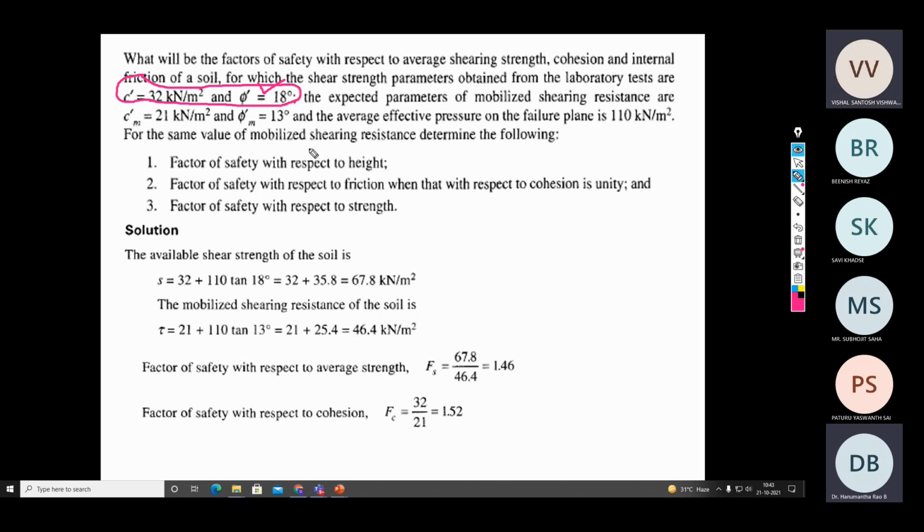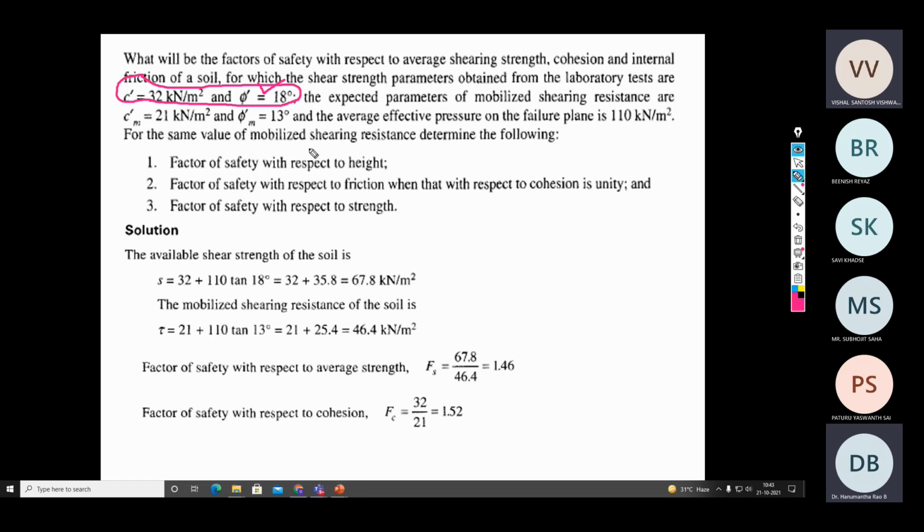Yes, sir. By trial and error method, we can find. That is a different issue. Here there is no trial and error. The trial and error is in case of a rotational surface. Sir, the mobilized value can be found by taking some particular value, then seeing what the consequence will be.